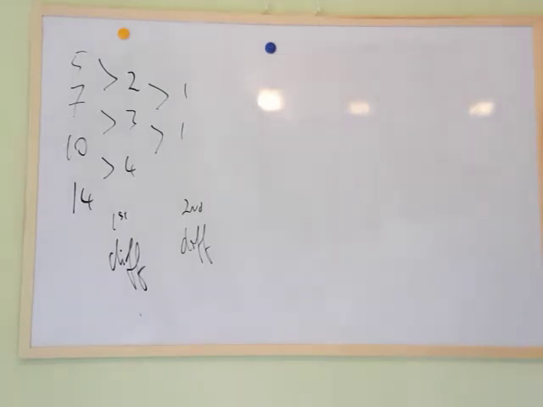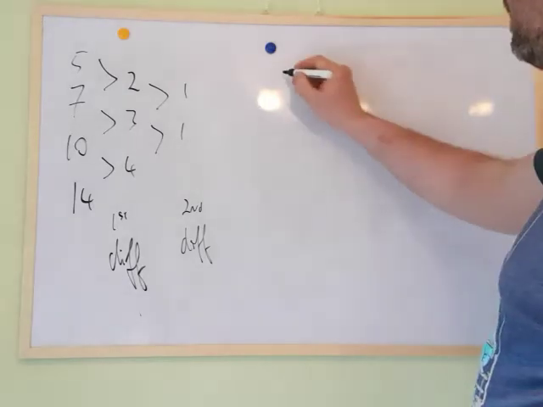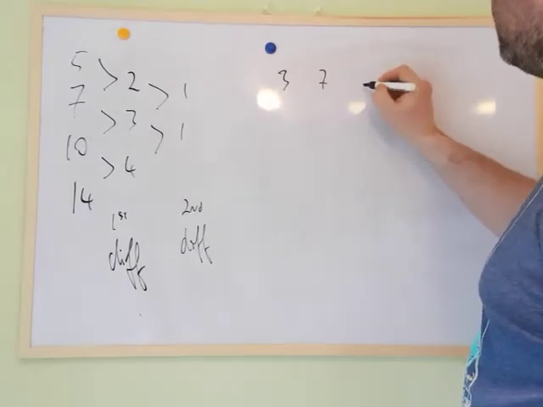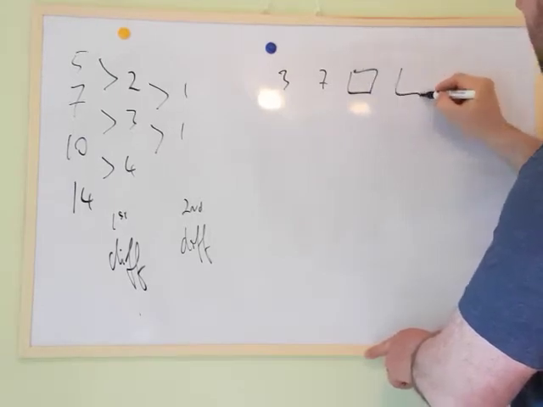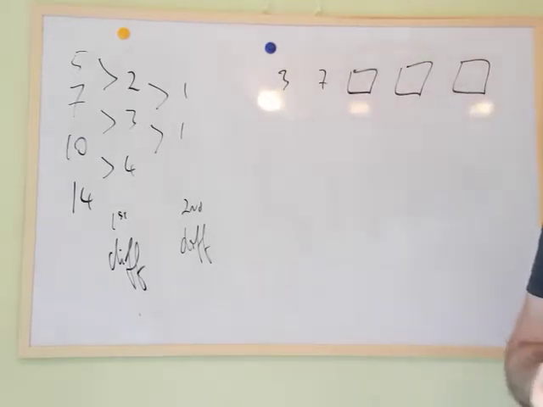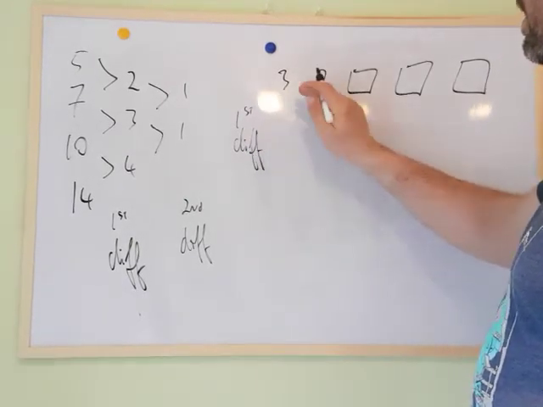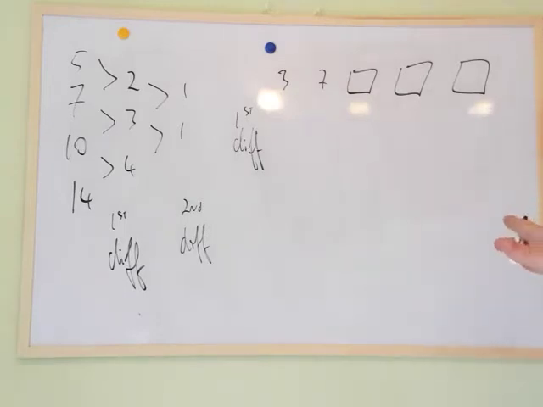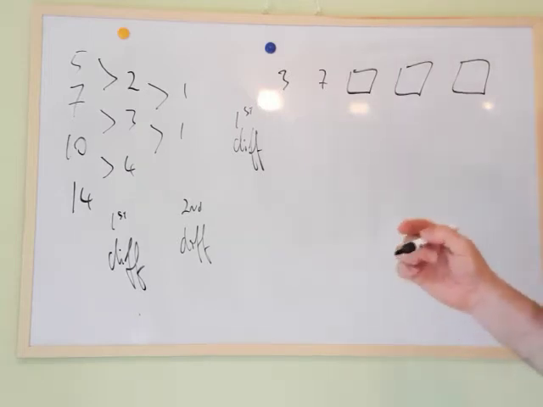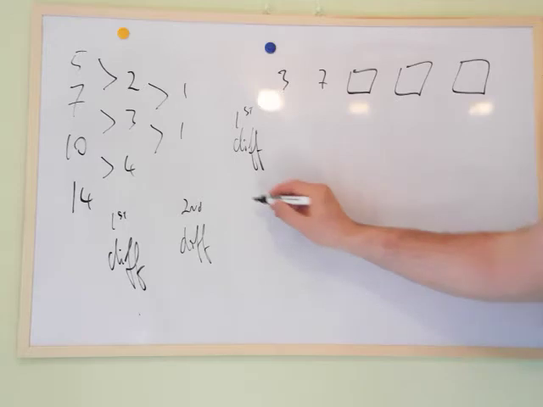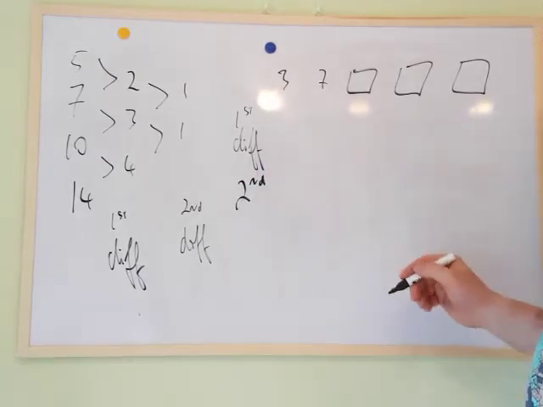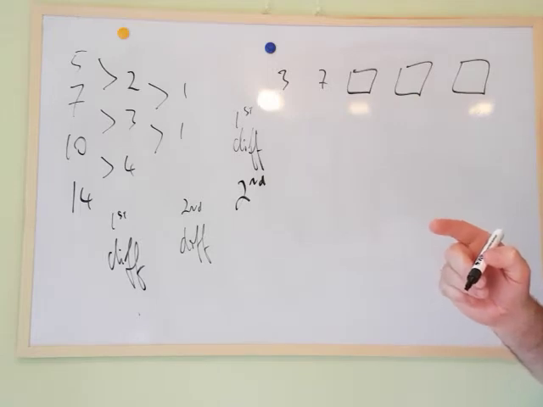Well, you could be given a question where, let's say I've got a pattern. 3, 7, blank, blank, blank. Okay? And I'm told in the question, this is a quadratic pattern. I'm told that straight away. And I'm being asked to find the other numbers in my quadratic pattern. Well, in order to do that, I would need a bit more information. They'd have to give me some more information, all right?